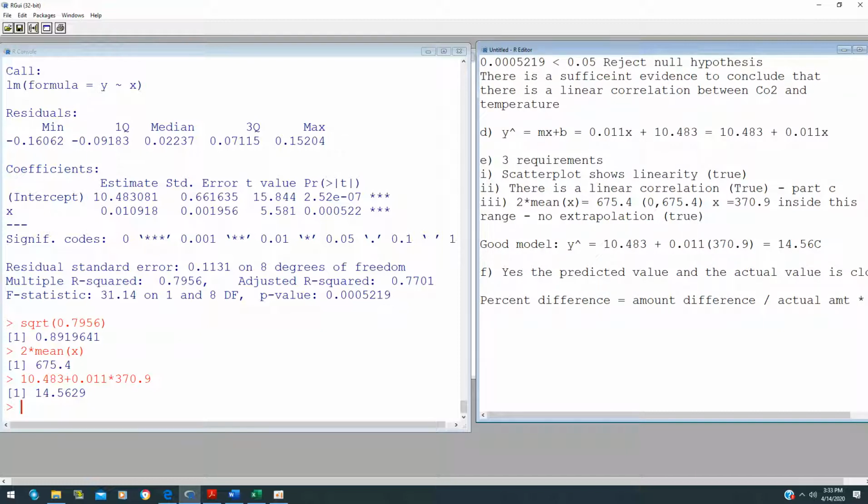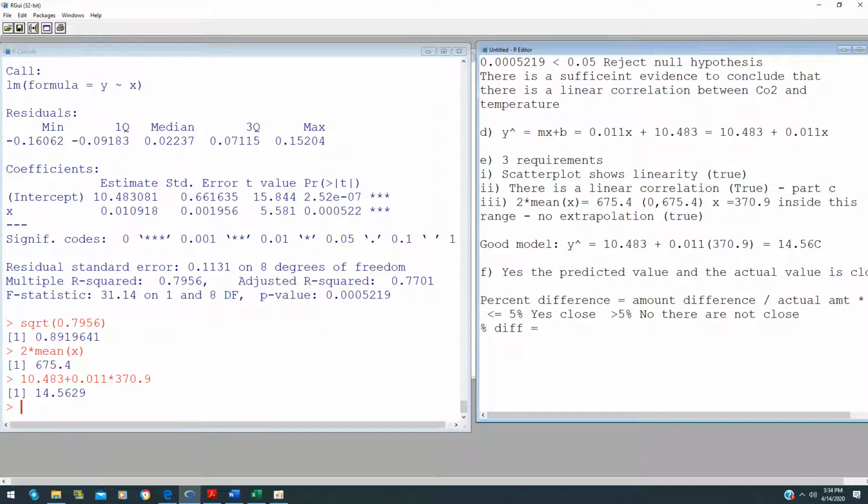In this case, this percent difference has to be less than or equal to 5%, then your answer will be yes, they are close. Otherwise, if it's more than 5%, then your answer is no, they are not close.